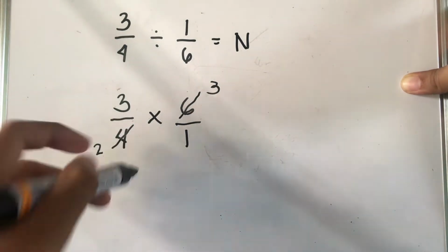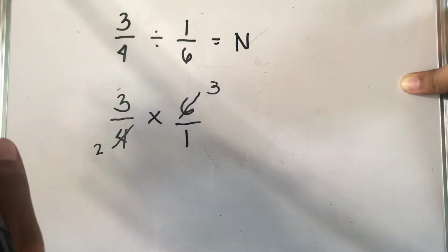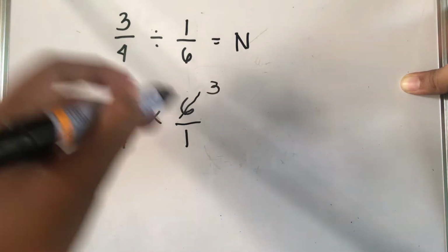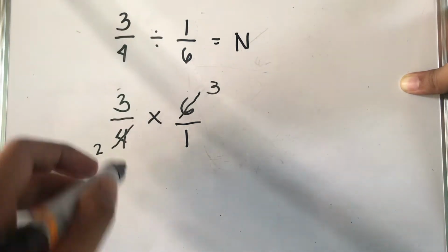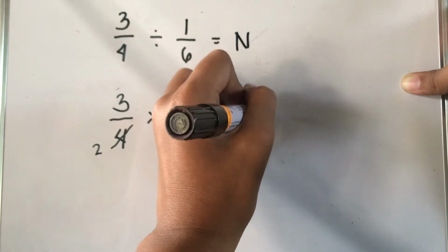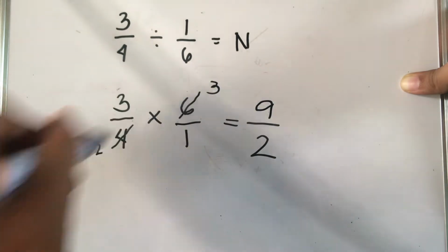But if you find difficulty in doing this, you can just multiply directly, 3 times 6 and 4 times 1. But if you know how to write numbers in their lowest form, you can also do this. So 3 times 3 equals 9 over 2 times 1 equals 2.